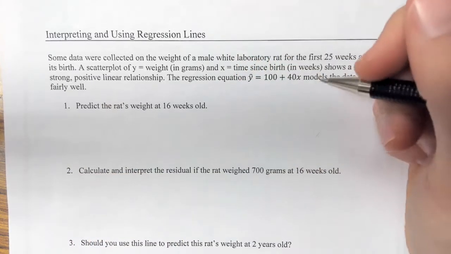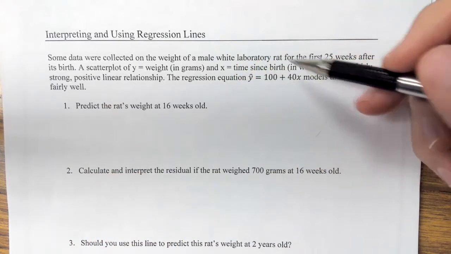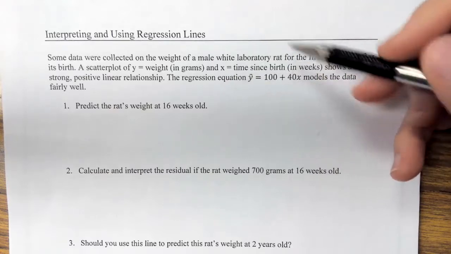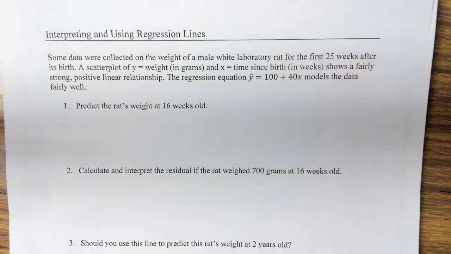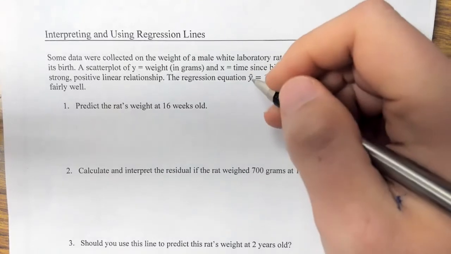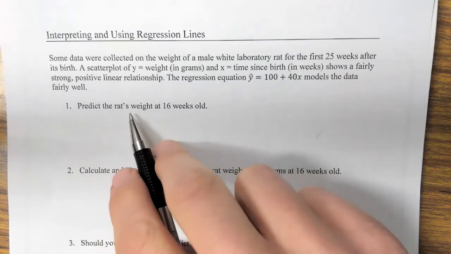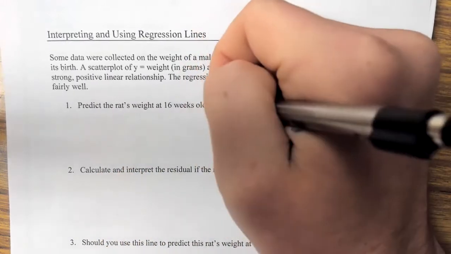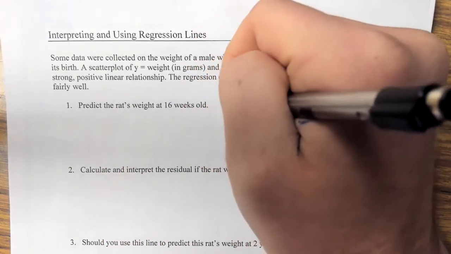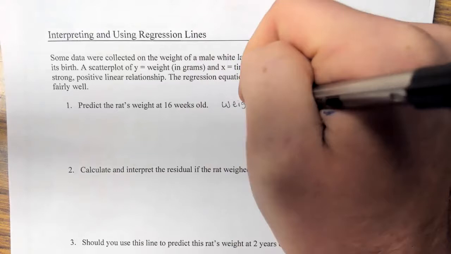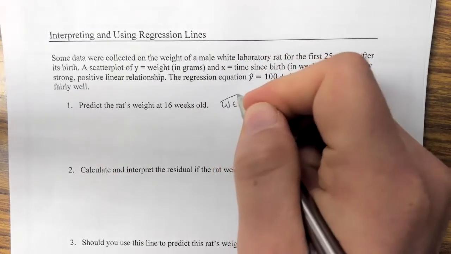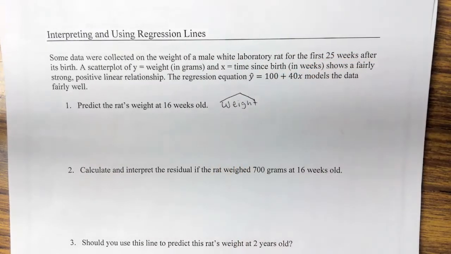What we're going to do for predictions is change the regression equation just a little bit so that we are including our explanatory and response variable. Instead of writing y hat, we are going to write out the variable that we're predicting. We are predicting the rat's weight. So the predicted weight, I'm going to write weight and draw a little hat on top of it.